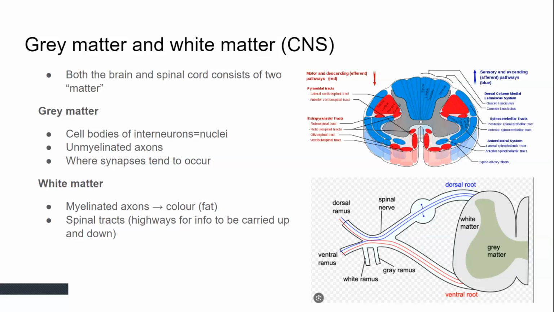If we have a look at it, we have a ventral side. Ventral is another word for anterior, or front. Dorsal is posterior, or the back. If you've heard of dorsal fins, that's a fin on the back of the fish. That's the term dorsal.